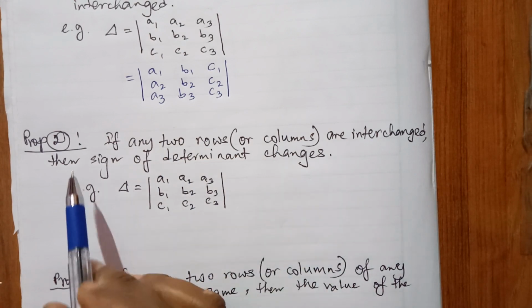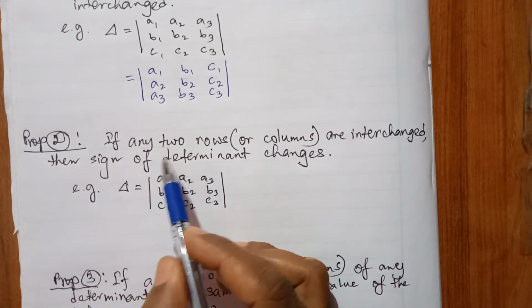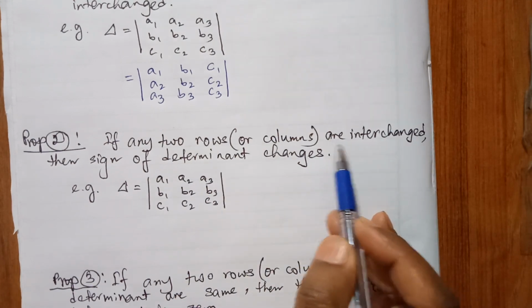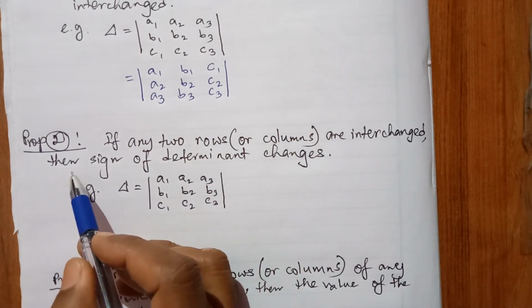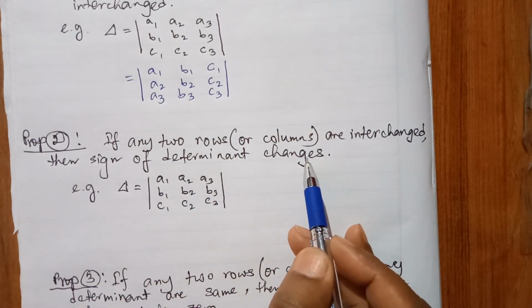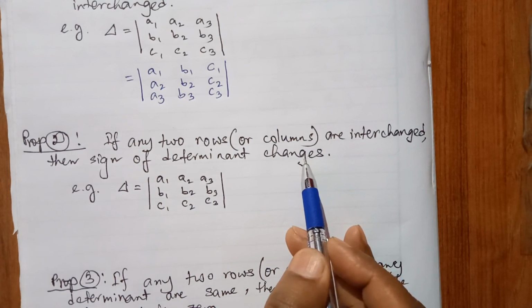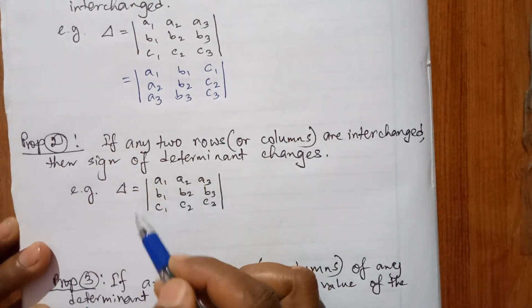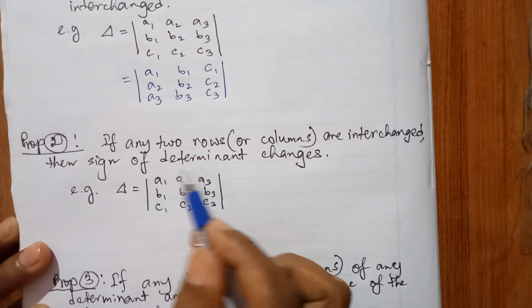Now the second property is that if any two rows or columns are interchanged, then the sign of the determinant changes. Sign of the determinant changing means plus will become minus and minus will become plus. Suppose this determinant gives a positive value.